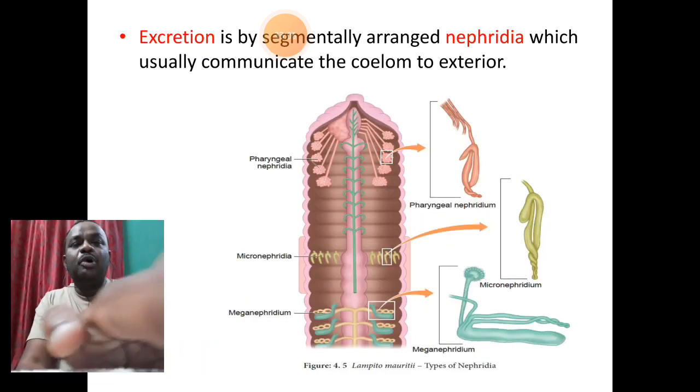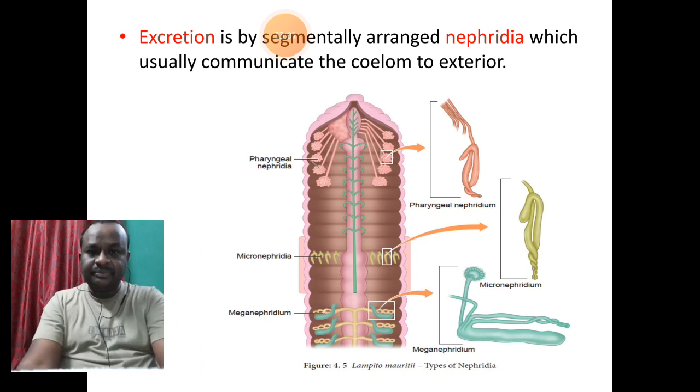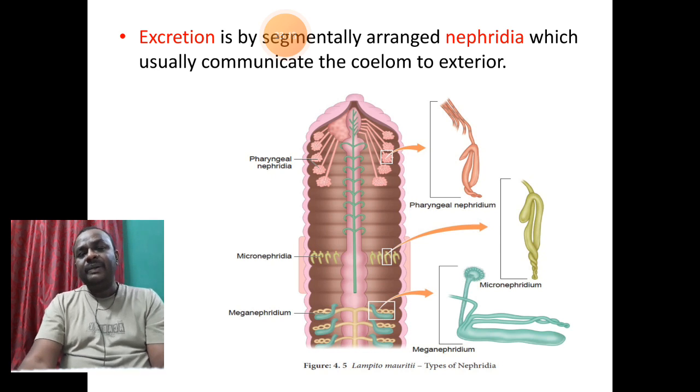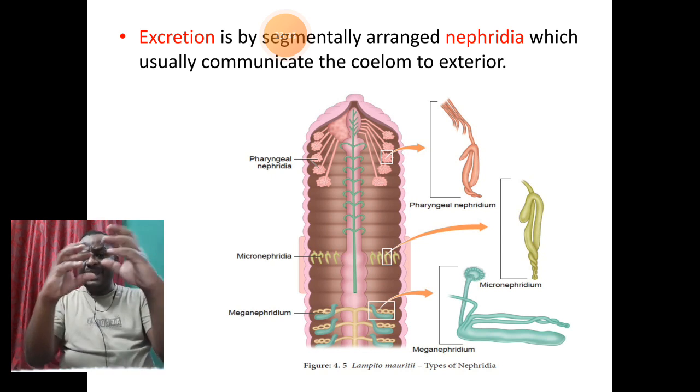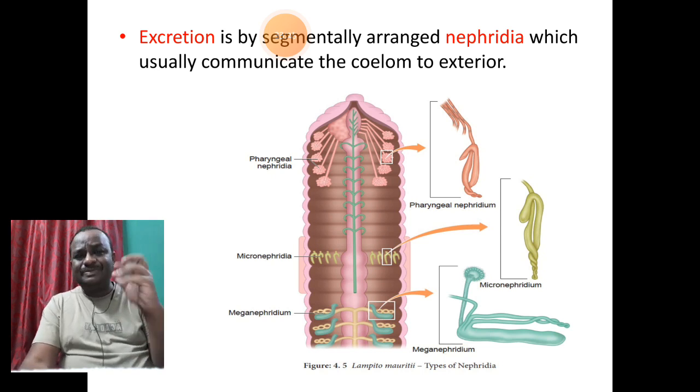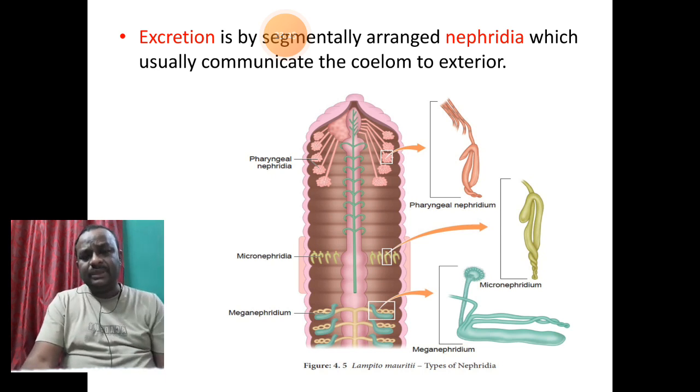Then the next point is excretion. As we know, excretion refers to removal of unwanted excretory waste present in every cell. Here, the body segments show the presence of specialized structures involved in the removal of the excretory waste of those segments. These units are referred to as nephridia.